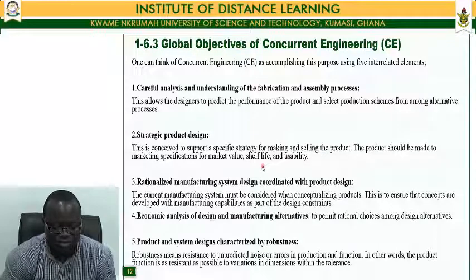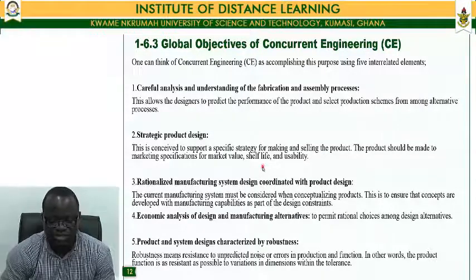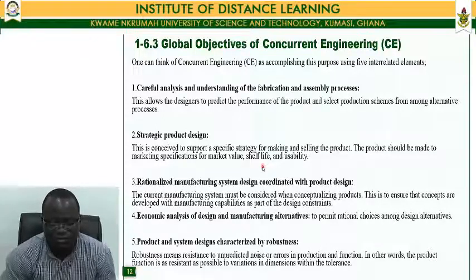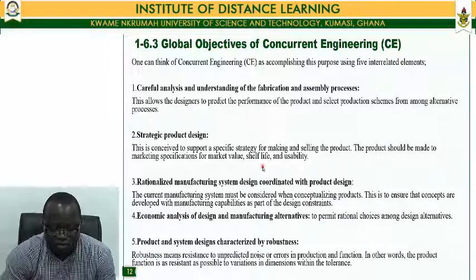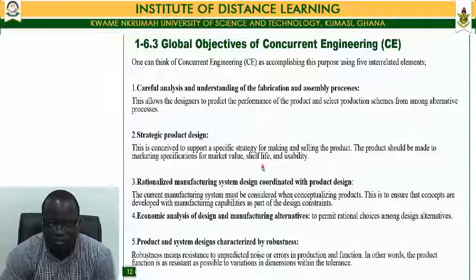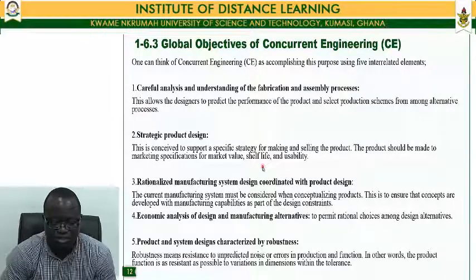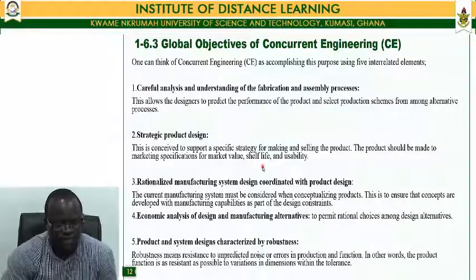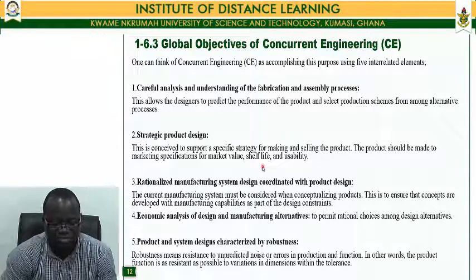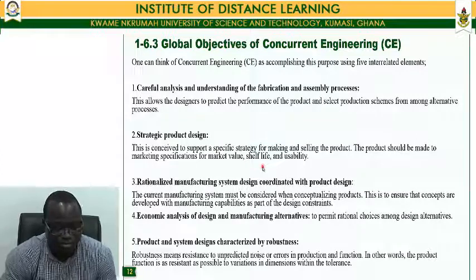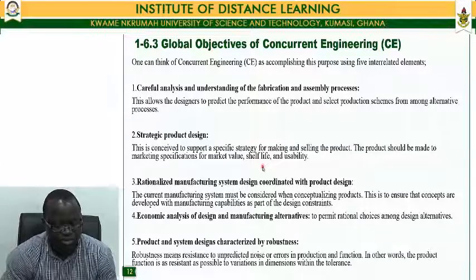Now, when you conceptualize a product, the manufacturing system must be considered such that the concepts that will be developed have in mind the manufacturing capabilities and constraints, so that you don't just sit down and develop anything thinking that it can be manufactured. So there should be some rationalization of the manufacturing system design, which will then coordinate with the product design. So that is the third point.